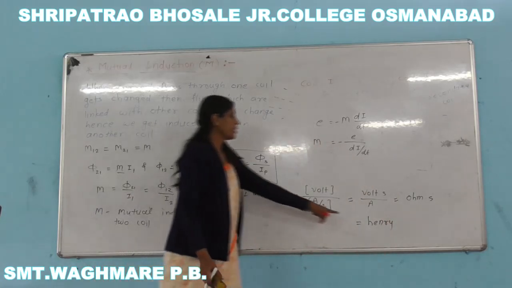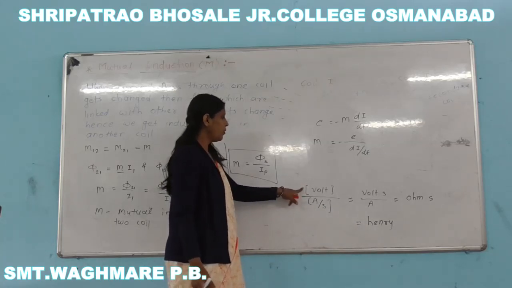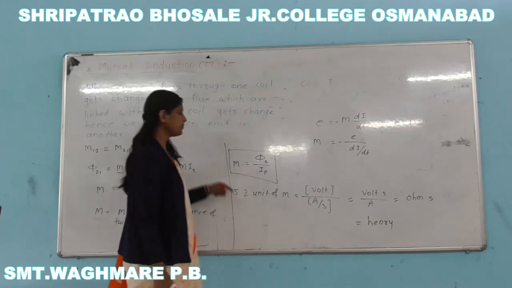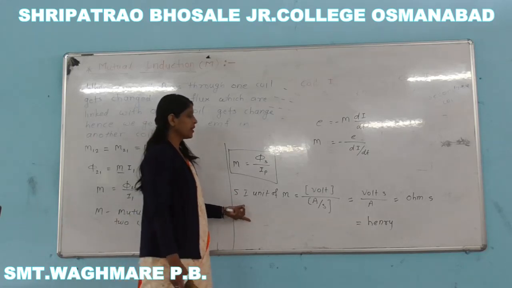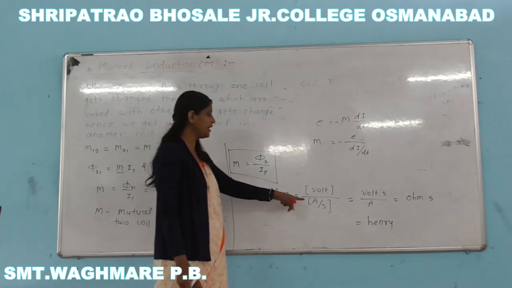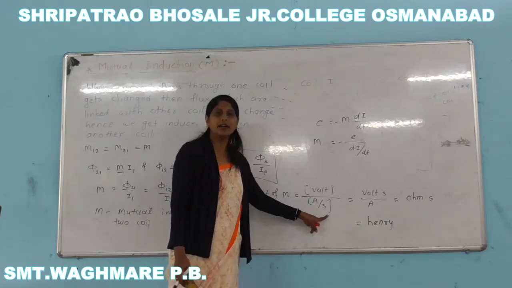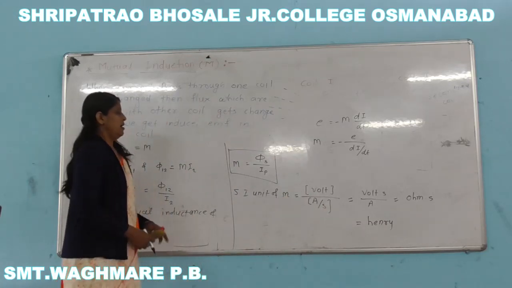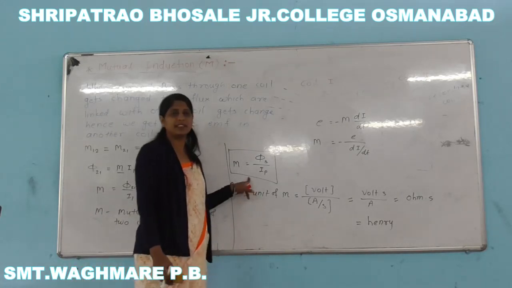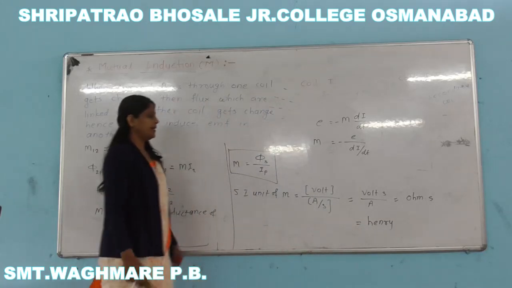That is, 1 Henry is equal to 1 volt EMF induced when the current changes by 1 ampere in 1 second. This is the SI unit of mutual inductance, and the SI unit of mutual inductance and self-inductance is the same. Therefore, this is given by the Henry.